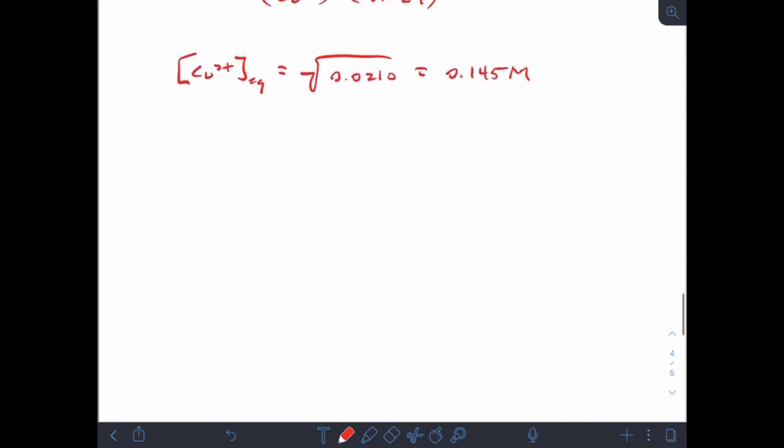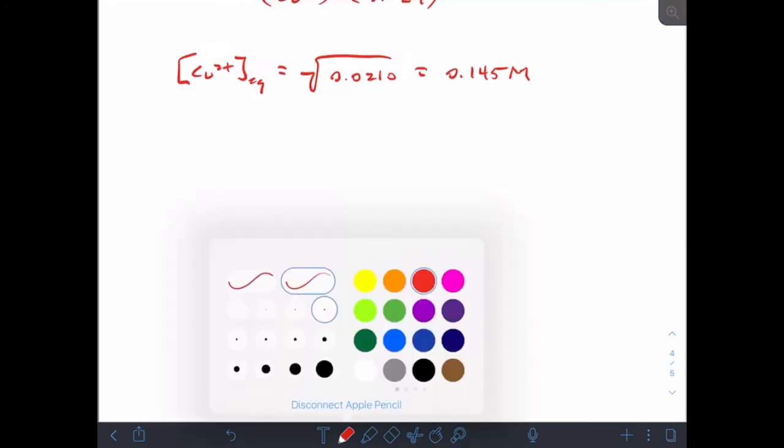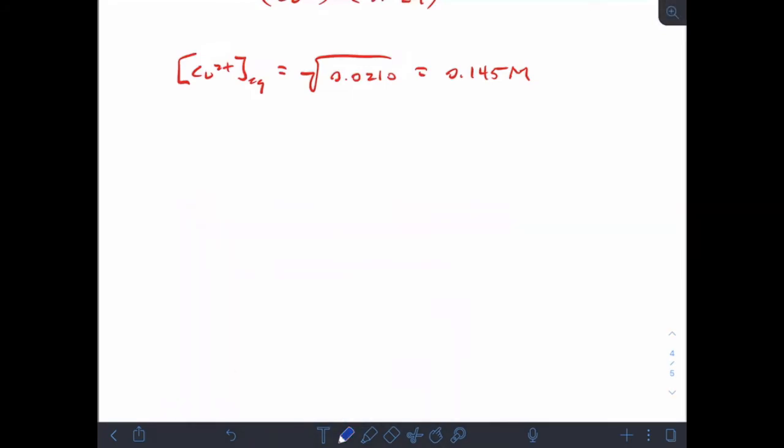So let's take a look at the relationship between the equilibrium constant and rate constant. So I mentioned earlier how we're talking about rates of forward and back reactions. All right, so let's see how our equilibrium constant relates to the things that we already know.